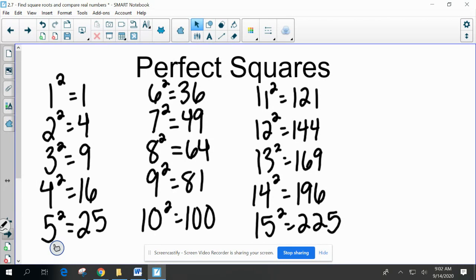Okay, I have up to 15 memorized. I think that's generally the ones that you'll see. I don't have anything past that really memorized, except, for example, I know that 20 squared is 400, but I don't have all the ones in between 15 and 20 memorized.